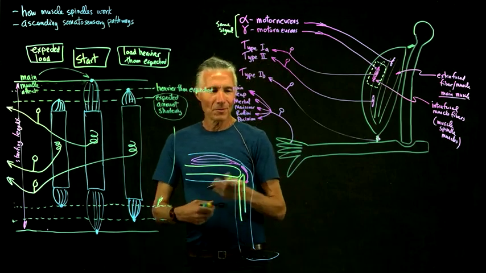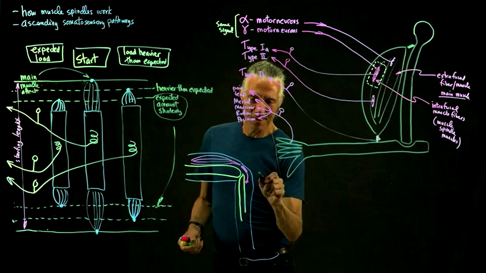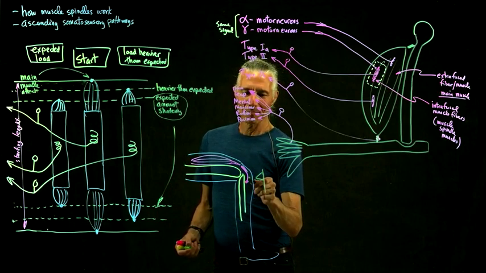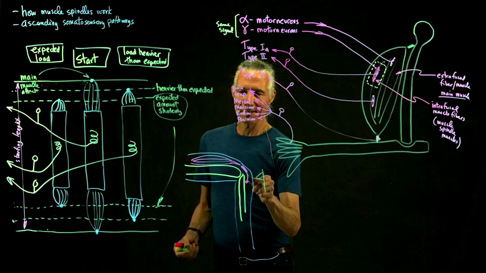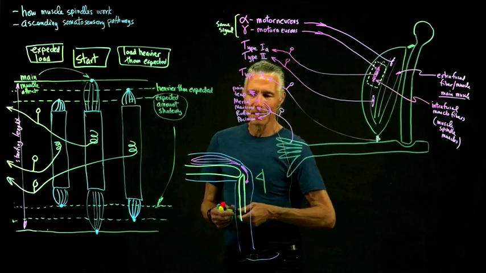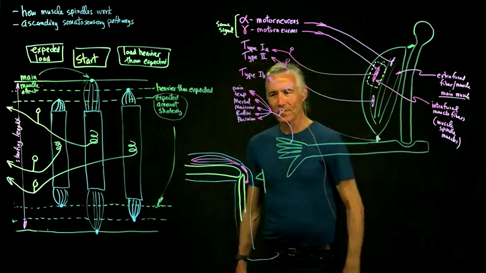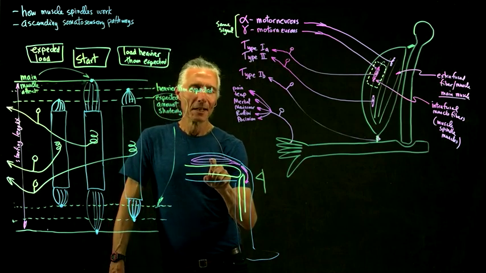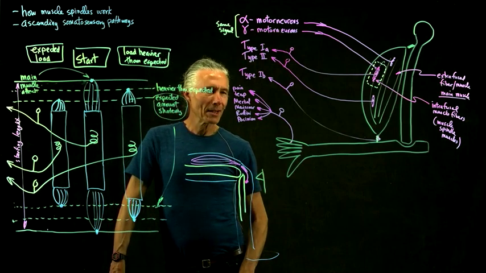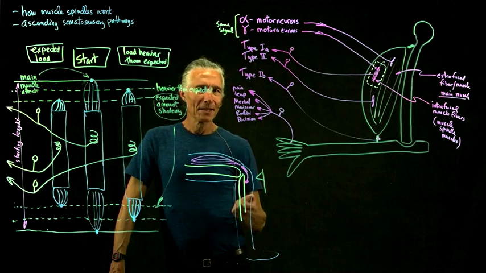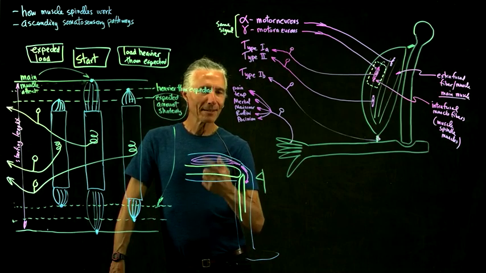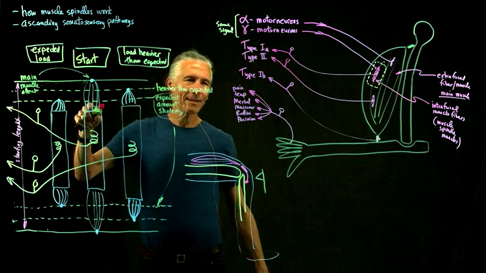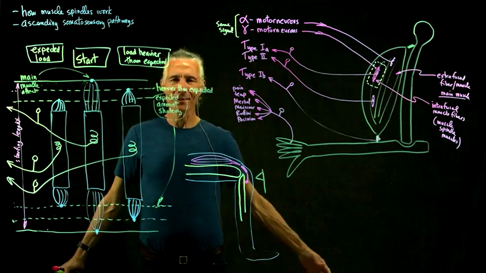And so what do they do? They come in with this funny little rubber mallet and tap right on this part of the tendon. And what does that do? That will stretch this muscle. Now, if you think about it, especially if you don't know exactly when the person is going to tap, that's an unexpected load. So your muscle spindles won't have contracted at all because they're just sitting there like nothing's going on.